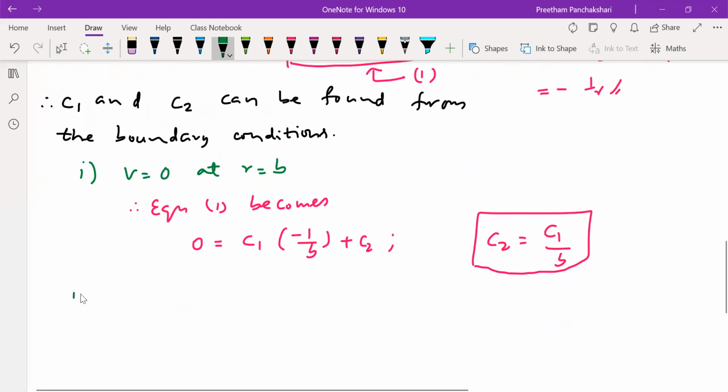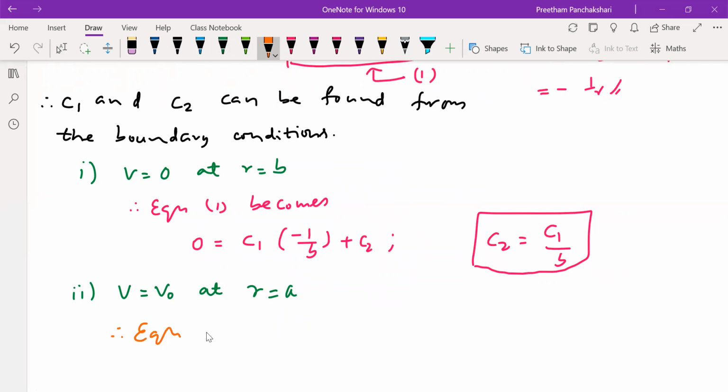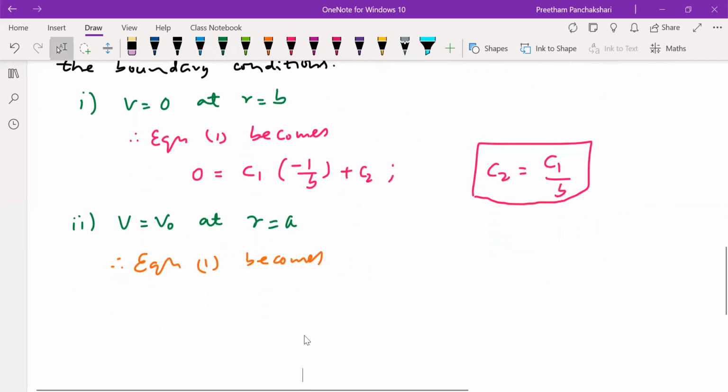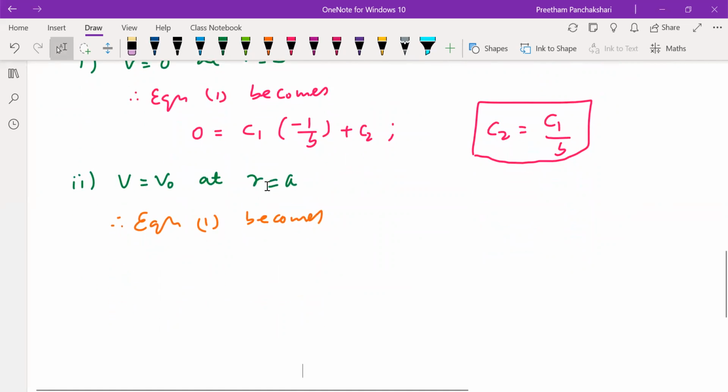Now the second boundary condition, that is potential V is equal to V naught at the inner sphere of radius A. Therefore, equation 1 now becomes: on the left side is V, now V becomes V naught.